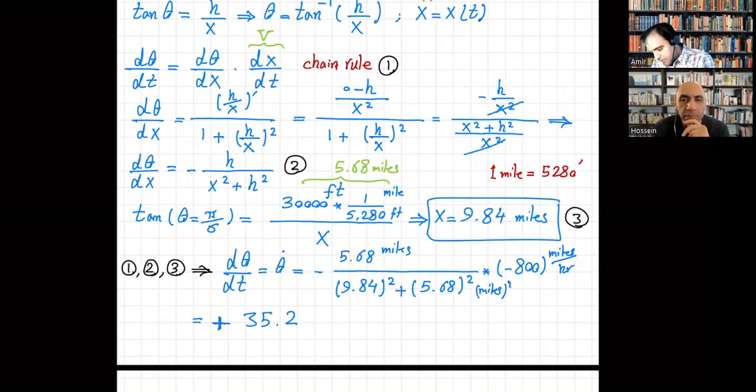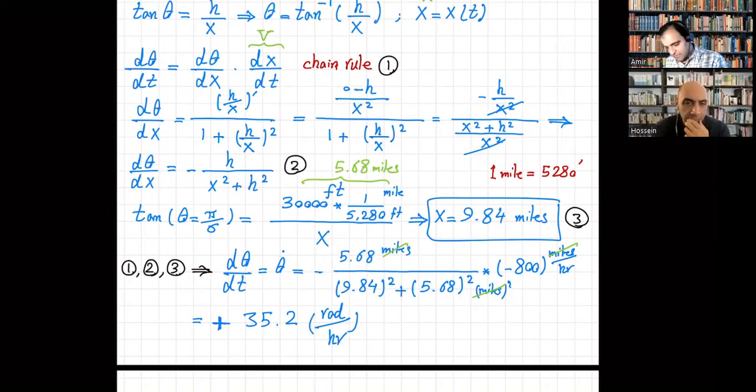The final unit is per hour, which is radians per hour: positive 35.2 radians per hour.